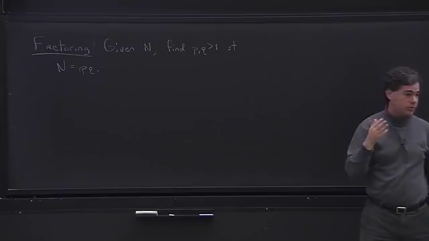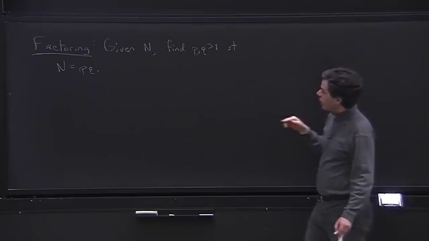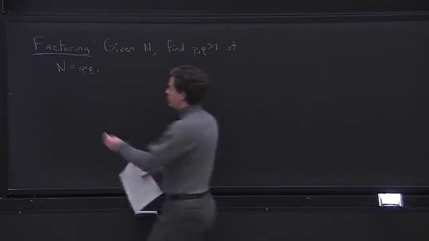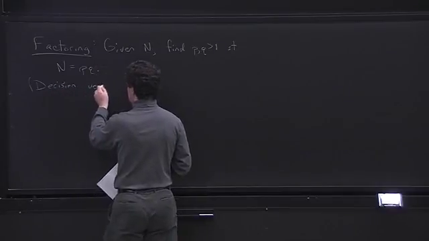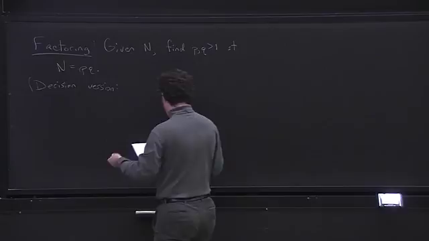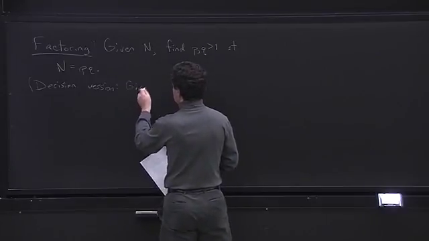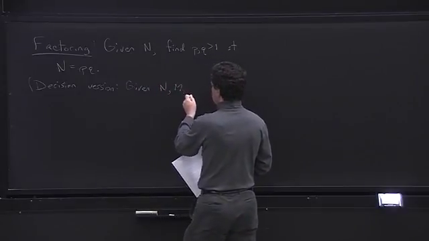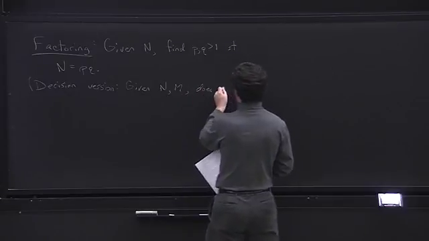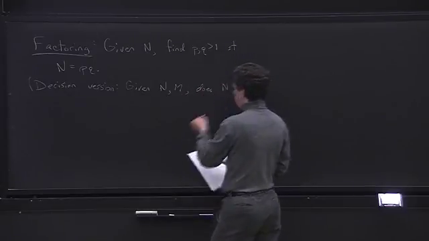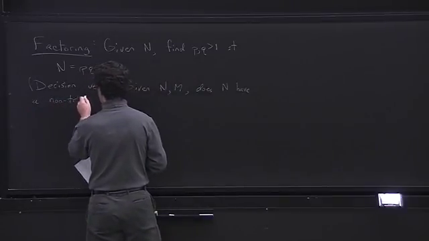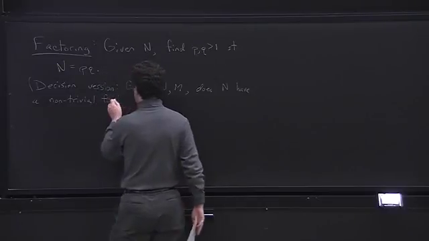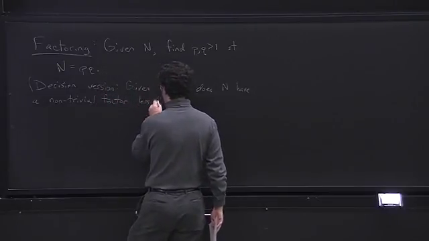There's not really much reason to do it, but just to understand the conceptual structure of these things: here's the decision version. Given n and m, does n have a non-trivial factor less than m?